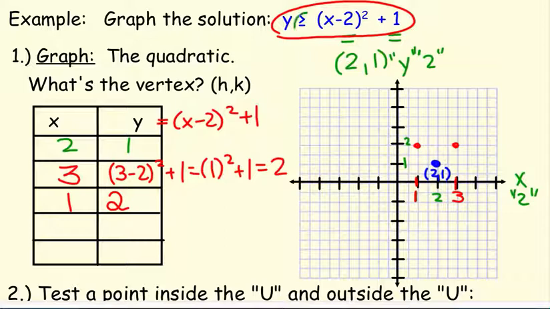Now, notice this inequality is equal to, so it's going to be a solid parabola. And we want to figure out where we should shade. Should we shade inside of here, or should we shade outside? I'm just going to erase that for now. How we find out what is true is we're going to test a point inside the parabola and test a point outside the parabola.